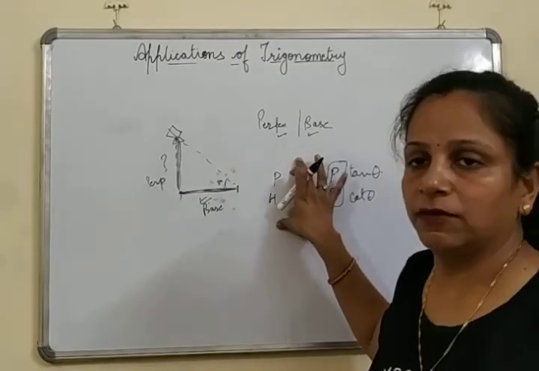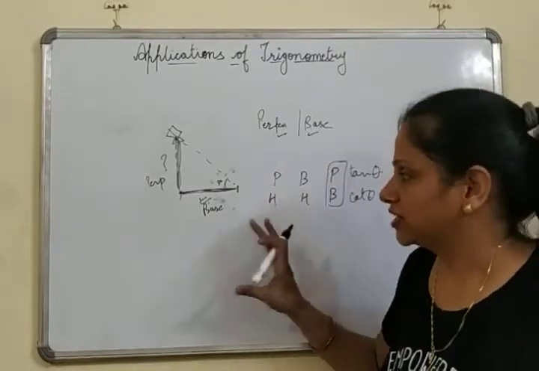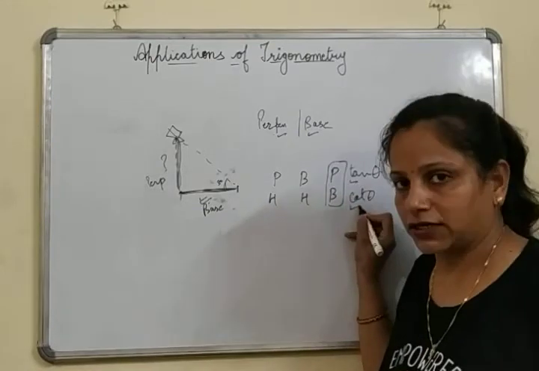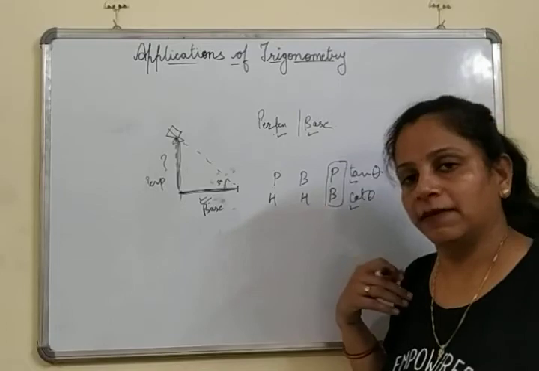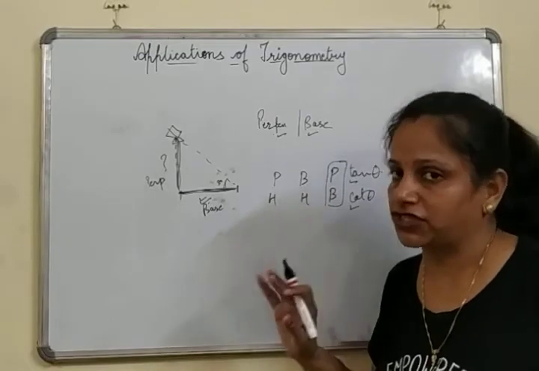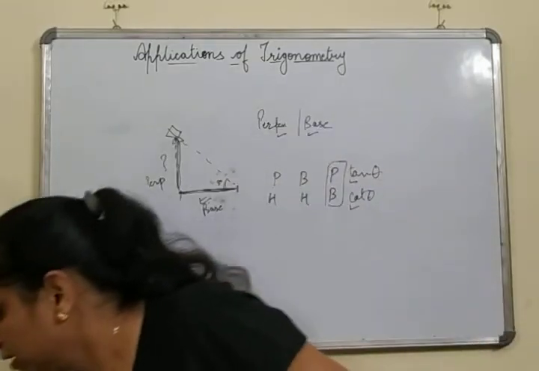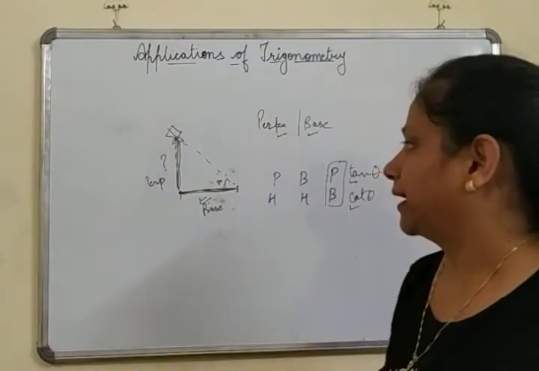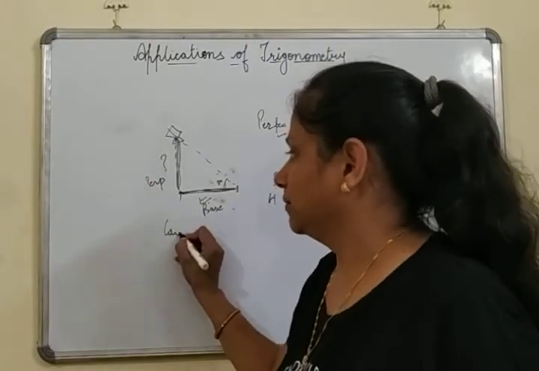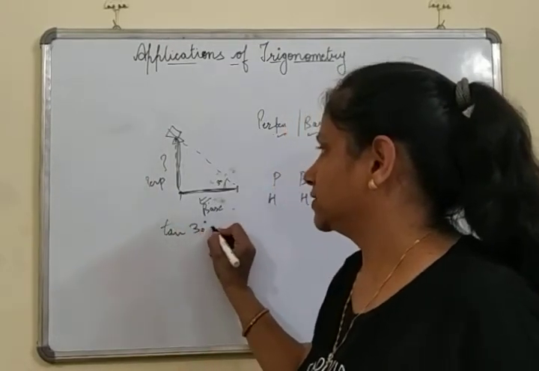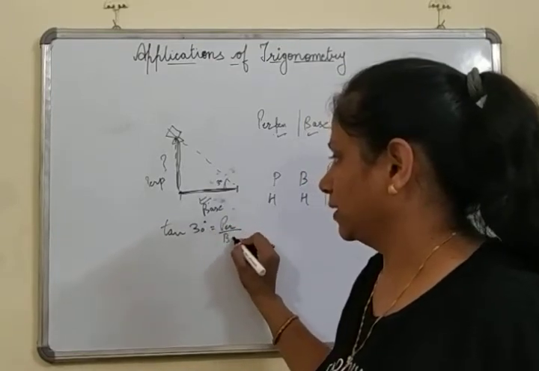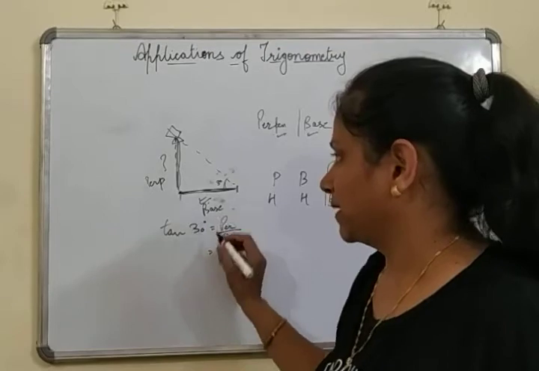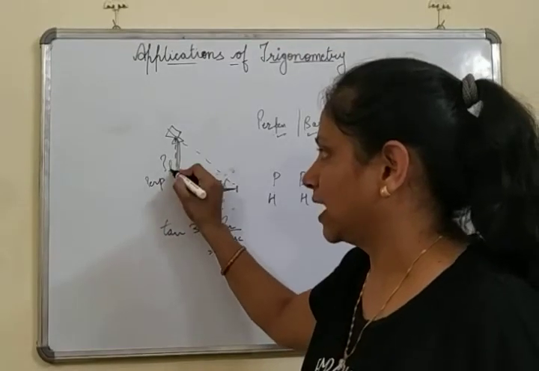That means out of these 6 trigonometric ratios we just want either tan or cot to find the height. Taking tan or cot from these is our choice, whichever ratio we want to choose. Now say for example I have taken tan. That will be tan 30 degree equals, what is the formula for tan? Perpendicular upon base. What is the perpendicular over here? We don't know, let that be height.